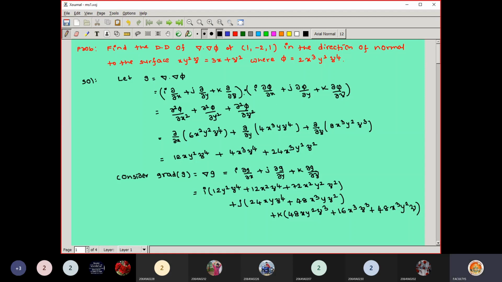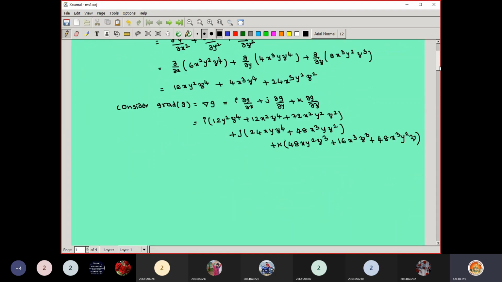Now they are asking for the directional derivative at the point 1, minus 2, 1. So you substitute that point so that you can simplify easily. So you are getting the gradient of g. Directly I am writing here i into substituting x value 1, y value minus 2, z value 1.